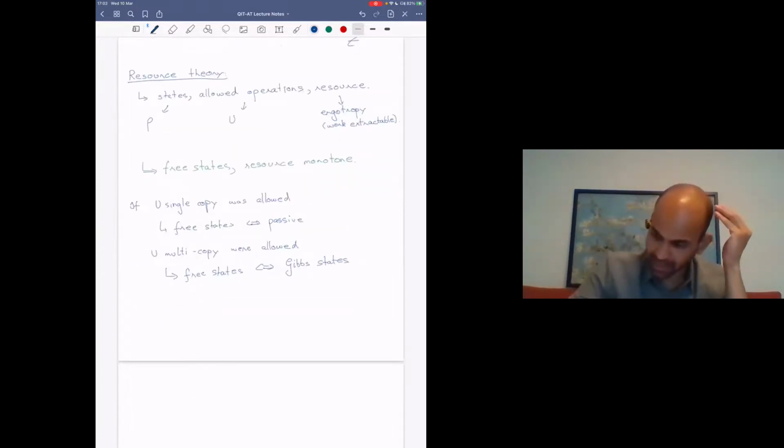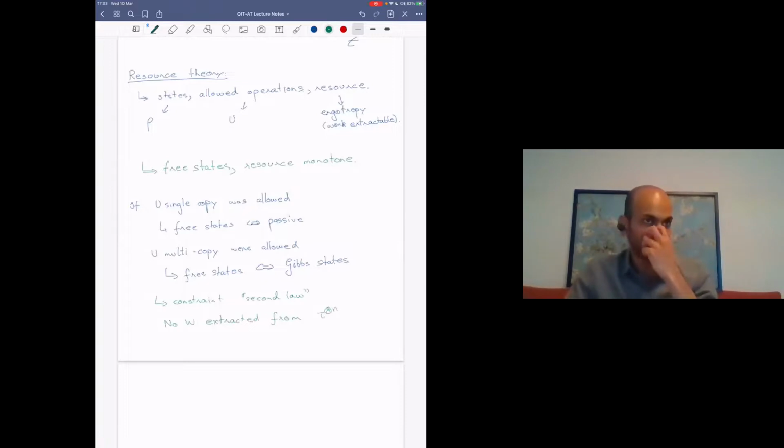And in the second case, we get a constraint, which is in fact a version of the second law of thermodynamics: no work extracted from any number of copies of this thermal state rho.